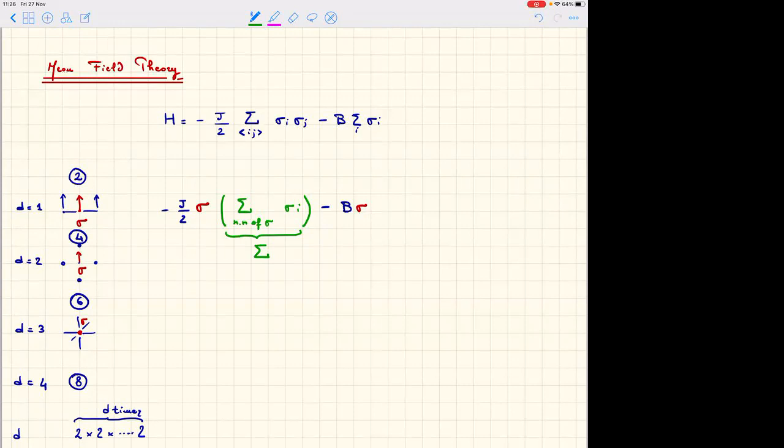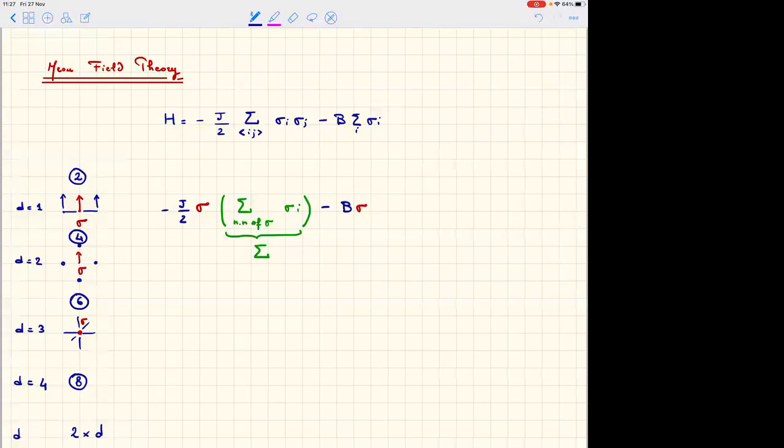But in case d equals 3, we have 6, but it's not 8 at 2 to the power 3. Ah, you're right, it's 2 times d, sorry. You're absolutely right, it's 2 times d. Sorry, I made a mistake. You see, it happens. It's 2 times d. Now it's correct, right? Yes. I apologize. Sometimes even professors make mistakes, you see?